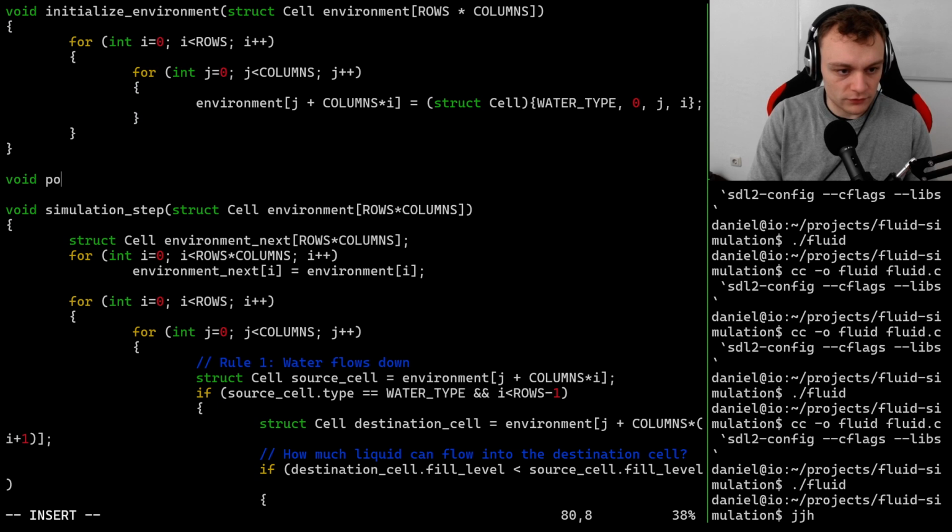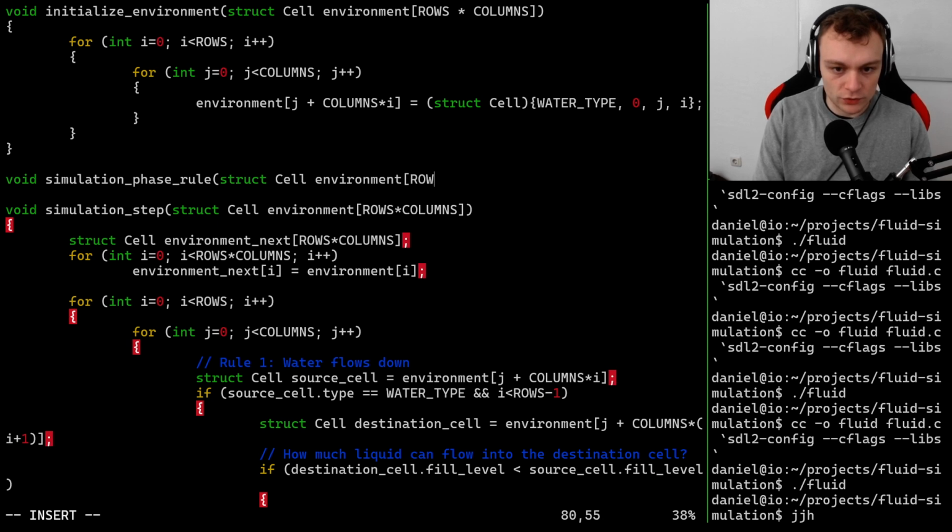So rule number 1 is simulation phase rule 1, and we apply it to the struct cell environment array of size rows by columns.